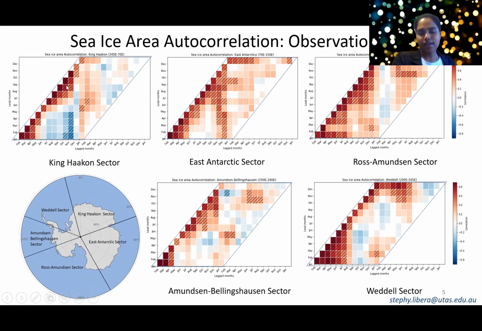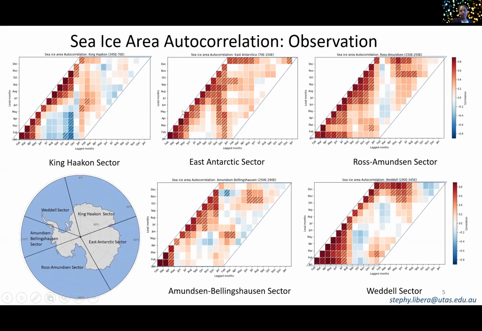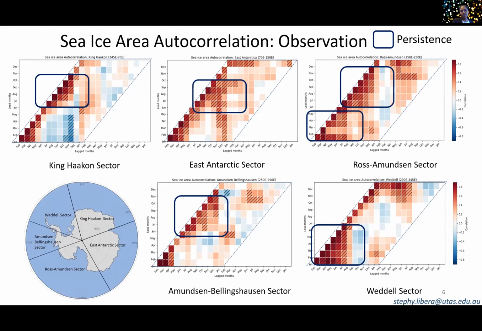There's difference in the strength, the timing of when these patterns occur, and also the duration over which these predictive patterns are sustained. So once again, focusing on the same modes of predictability, the persistence and reemergence, we've marked down some of the main patterns in there.